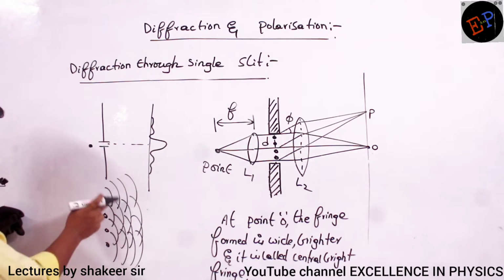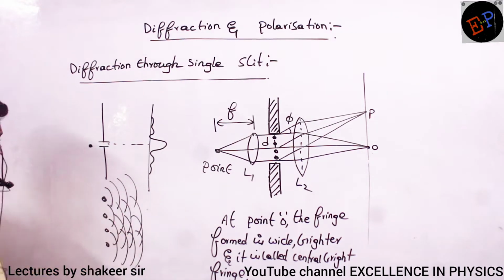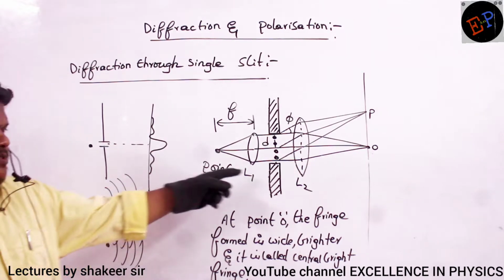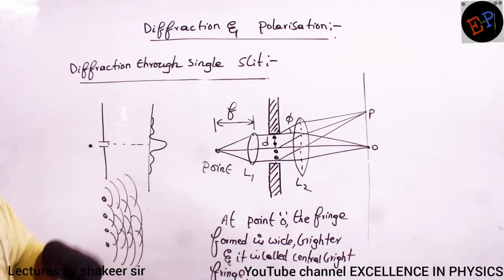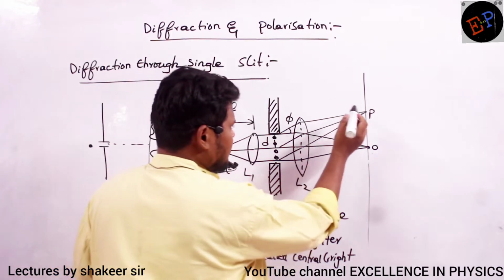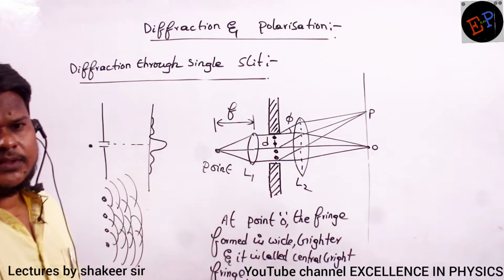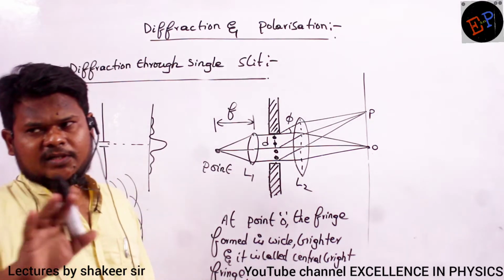Some of them interfere constructively, some of them interfere destructively. In the YDSE experiment we have drawn the same type of pattern, and you can observe the same here also. Now the light rays which are reaching point P, whether they are interfering constructively or destructively, that I don't know.